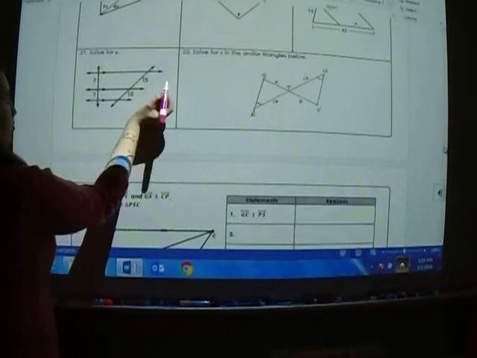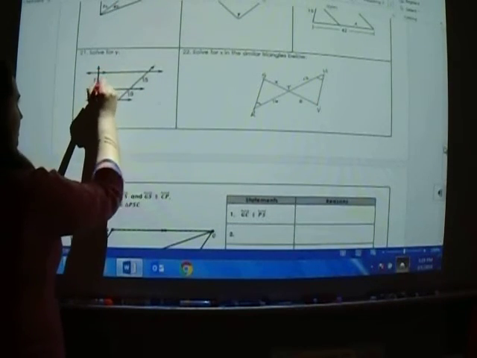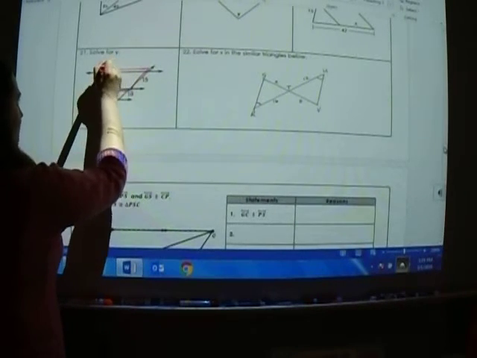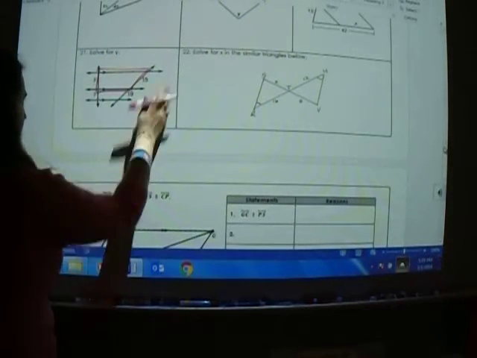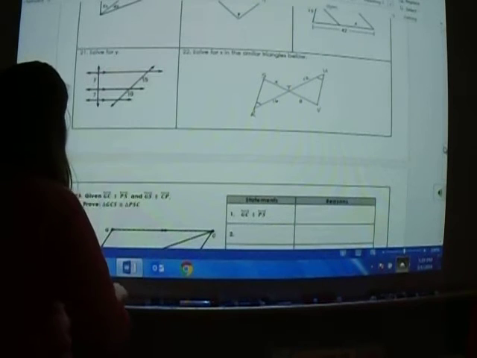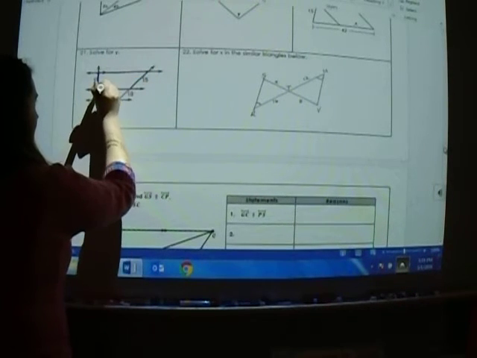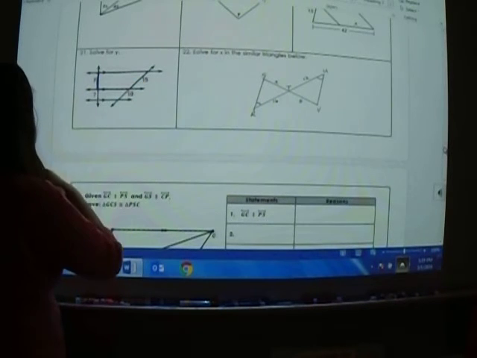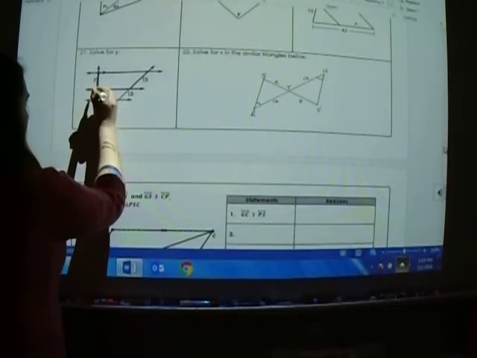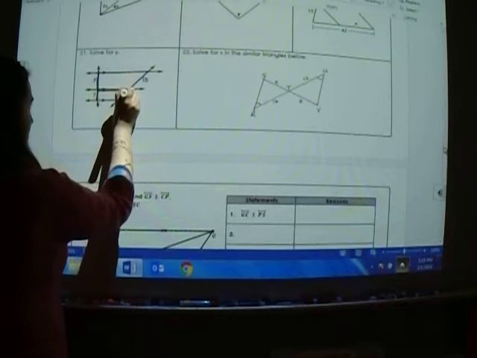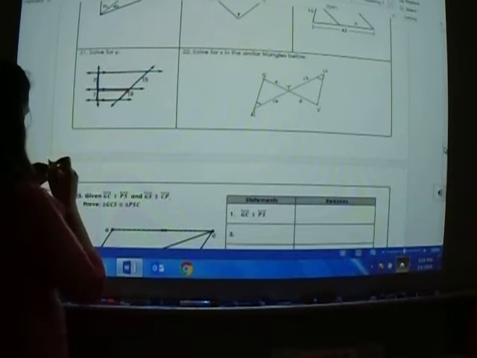Okay, so I do y over 15. So look at this shape. Here, let me draw it in a different color. So we've got this shape, and we've got that shape, all right?